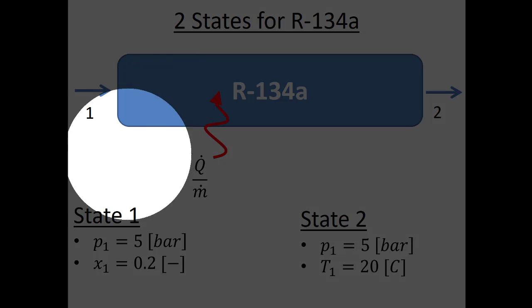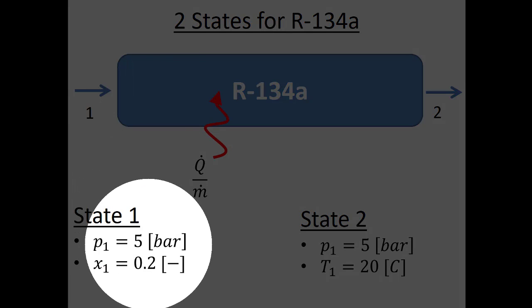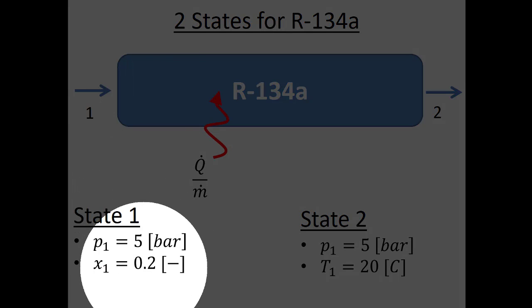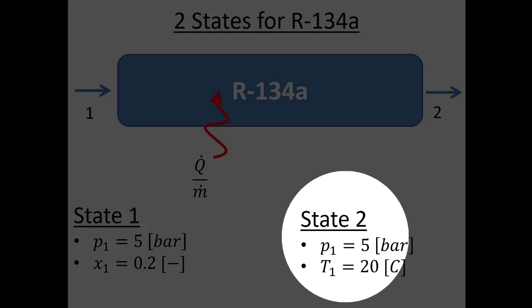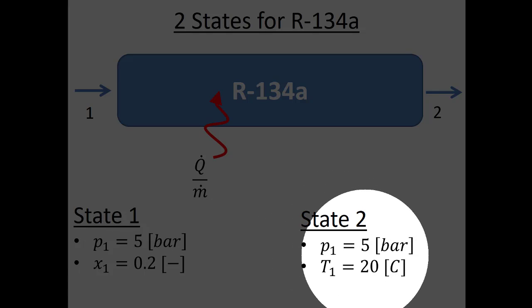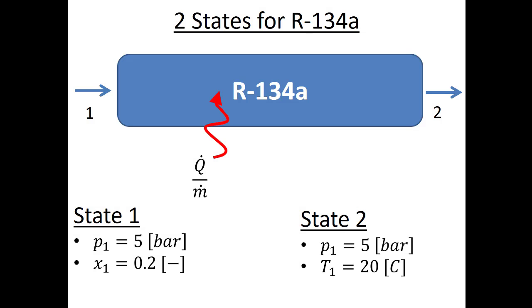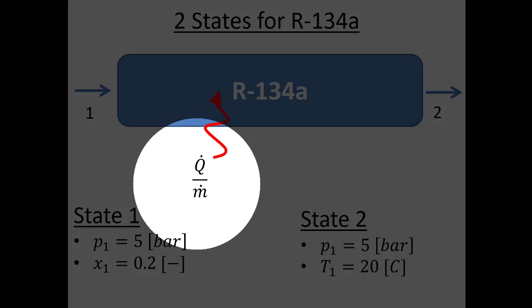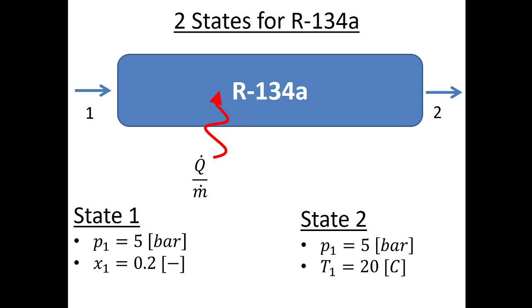We know that at state 1, the fluid is at a pressure of 5 bar and the quality is 0.2. At state 2, the pressure is still 5 bar, so this is a constant pressure heat addition, but the temperature goes to 20 degrees. So we'll fix these two states and find the heat transfer per unit mass flowing through our heat exchanger. We're looking to find little q.